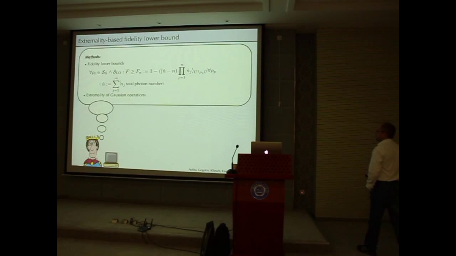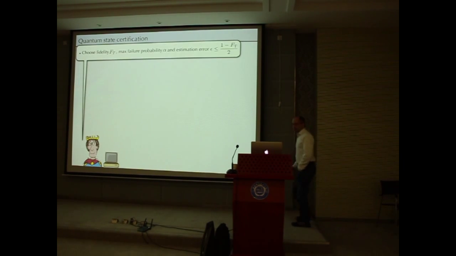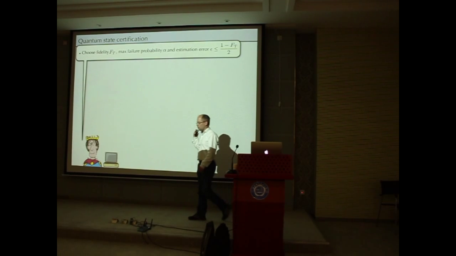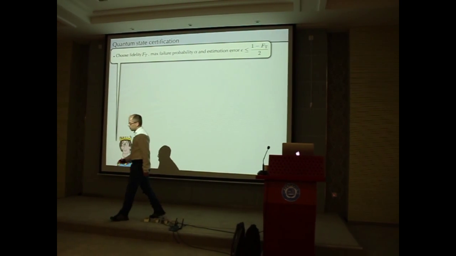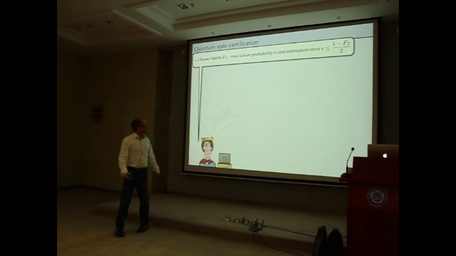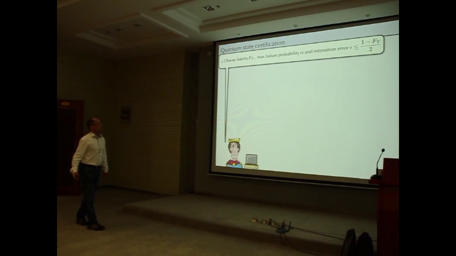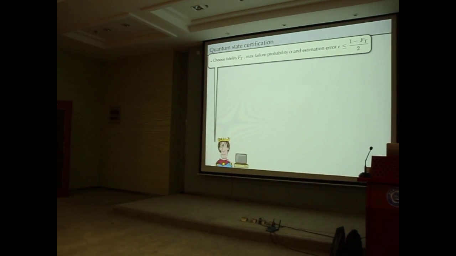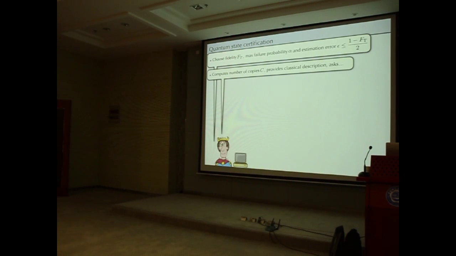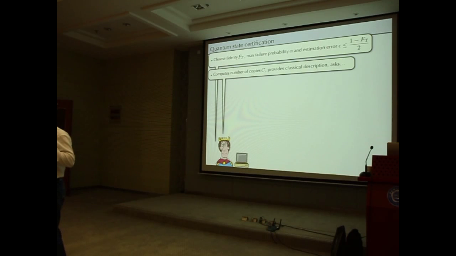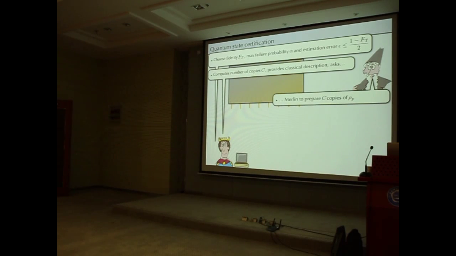So the procedure would be: Arthur goes into the lab, he chooses the target fidelity, a maximum failure probability, and an estimation error epsilon. From that he would classically efficiently compute the number of copies C, which provides a classical description, and gives that description to Merlin, who would then prepare C copies of the anticipated state, or at least claims to have prepared it.